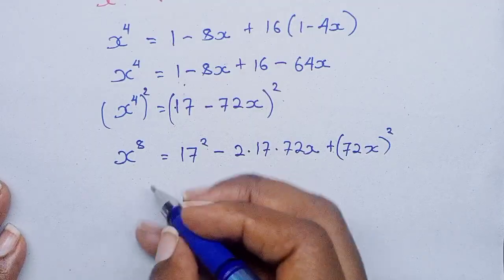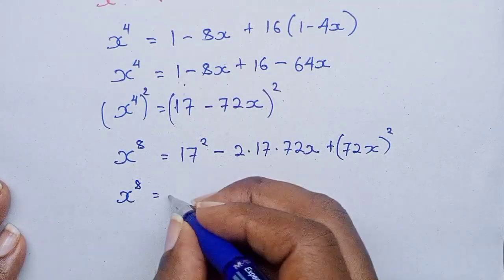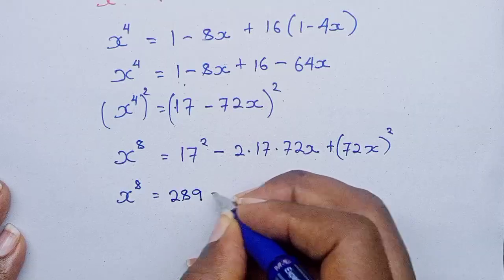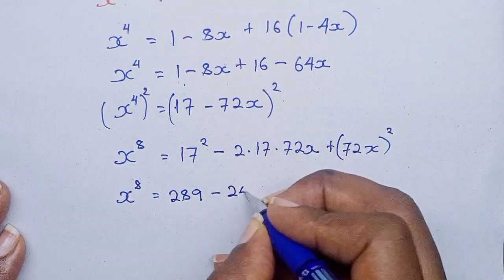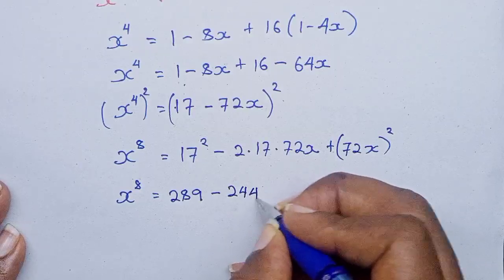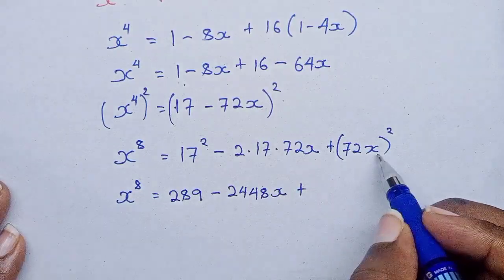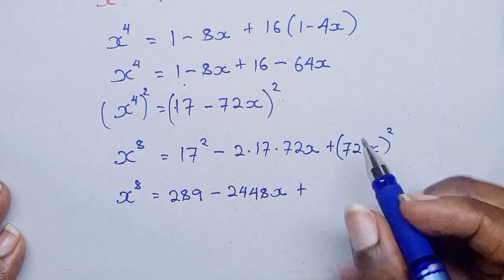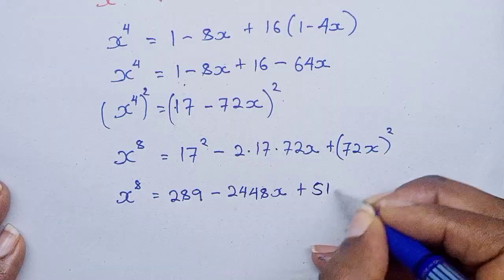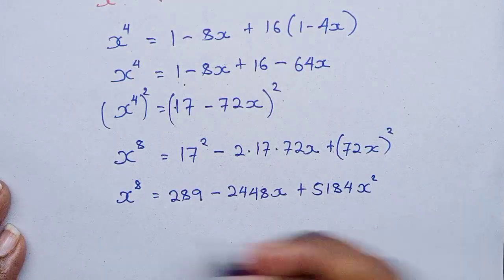So we have x to the power 8 being equal to 17 squared, which is 289, minus 2 times 17 times 72, which is 2448x, plus 72 squared, which gives us 5184, then x squared.